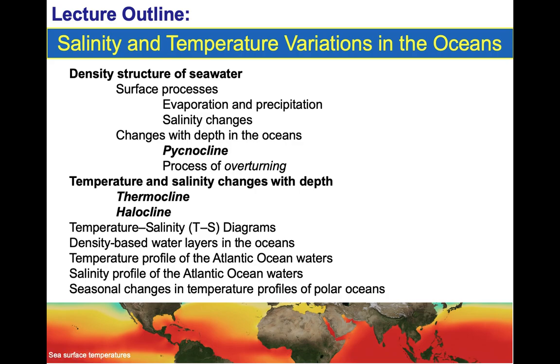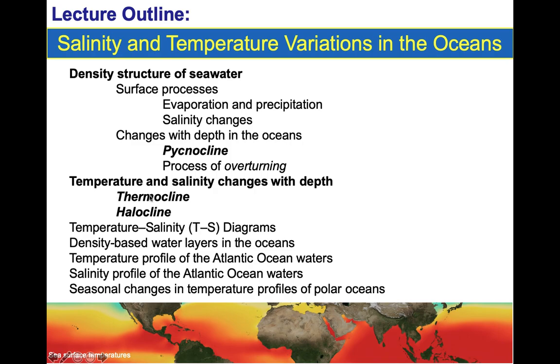and we'll get into that very briefly. Then we're going to look at temperature and salinity changes with depth in the ocean waters, and that will take us to two concepts, thermocline and halocline. Thermocline, as the name shows, thermo is related to temperature, and cline is basically a curve or a surface with certain inclination.